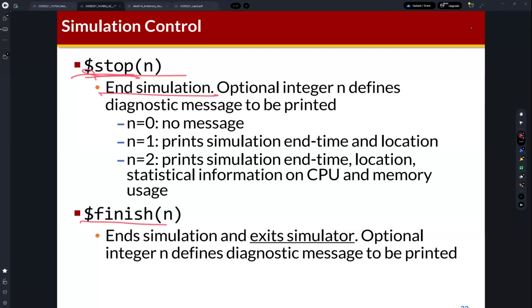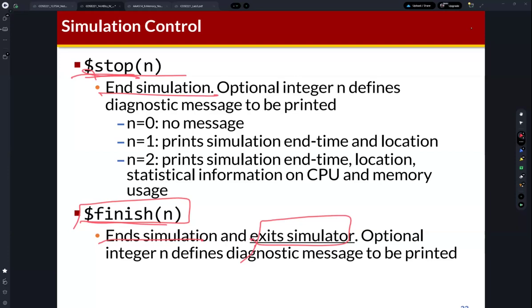It's different, so we can also use the finish function. The finish also ends and exits the simulation. If we use just the stop, then the simulation just stops, and if required, we can restart. We can just continue the simulation at the stop point. This is the meaning of stop.